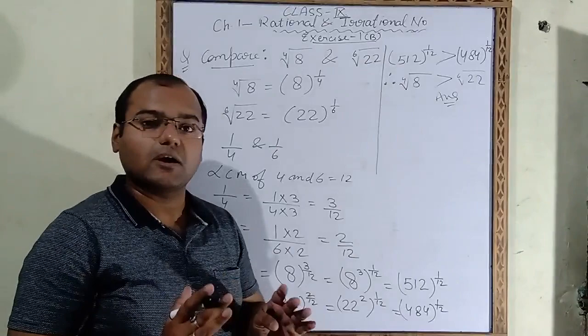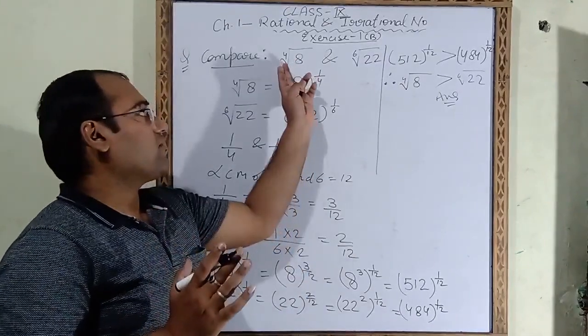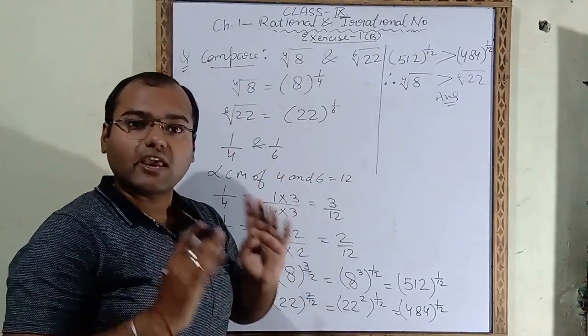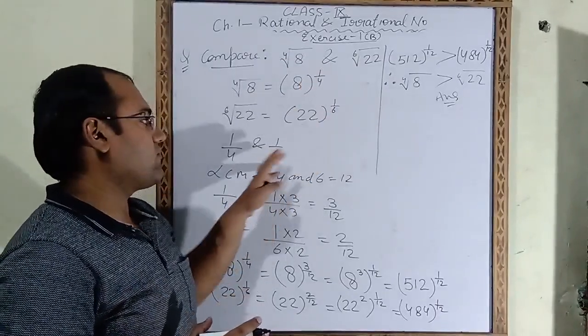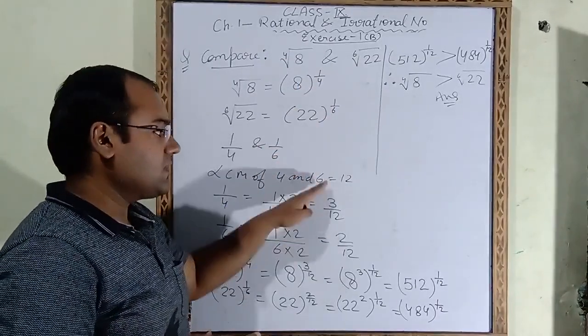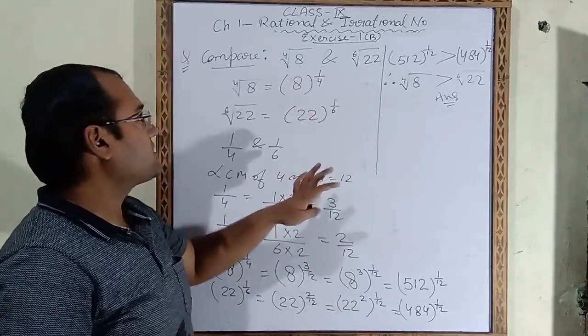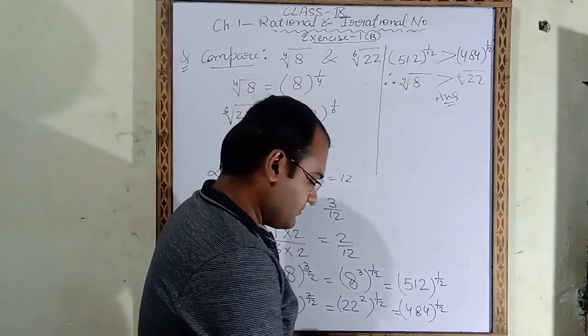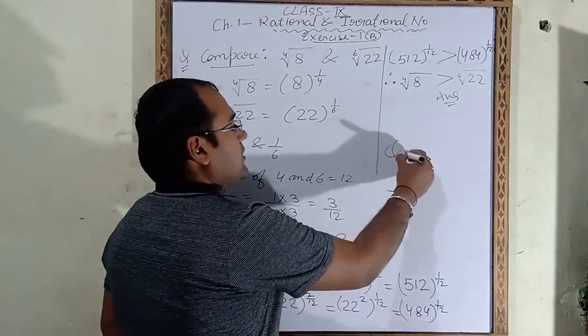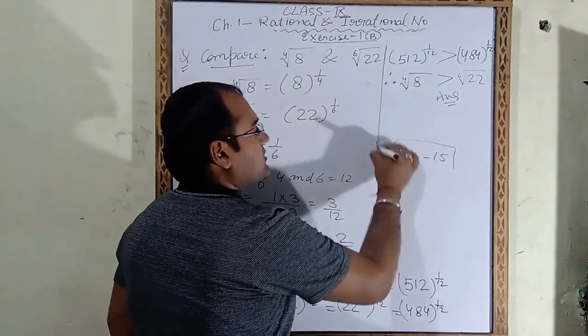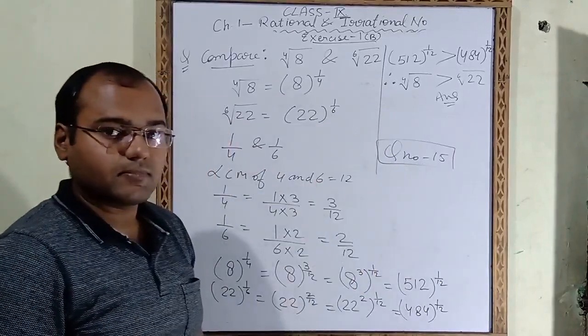What is the first step? The first step is we have to make these roots the same. In order to make them the same, we have to write in power form, and after that we take the LCM and make them the same. So like this you have to do question number 15 of your textbook. Question number 15 is the same as this one.